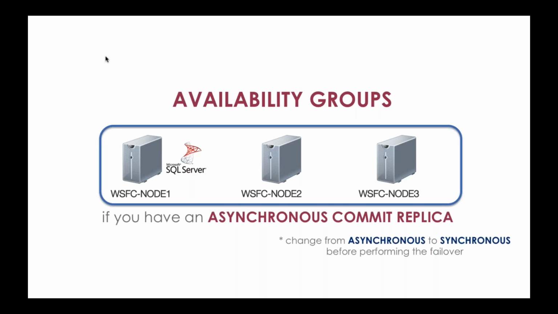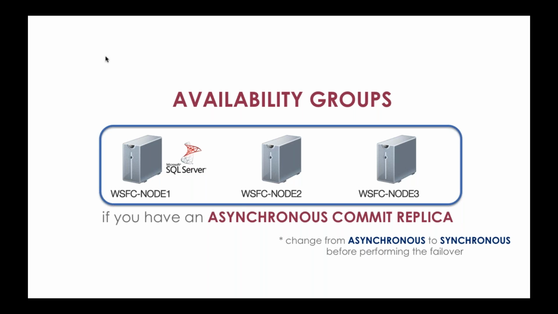The thing is, your asynchronous commit replicas are configured as manual failover, which means the availability group is not going to fail over to that particular replica unless you as the administrator invoke the failover process. Now, let's say nodes 2 and 3 are configured as asynchronous commit replicas.